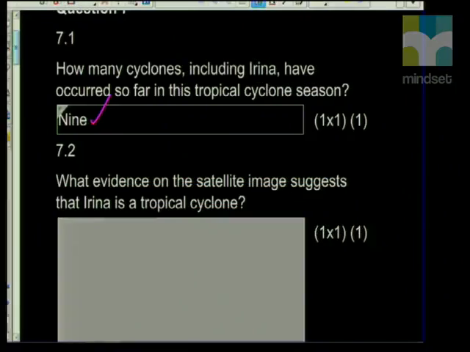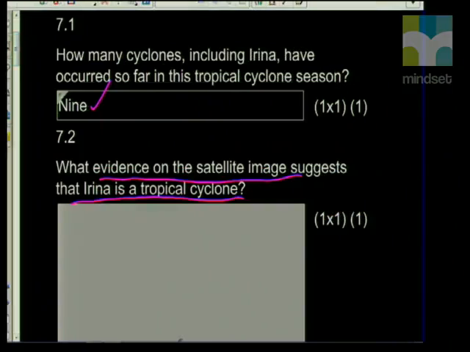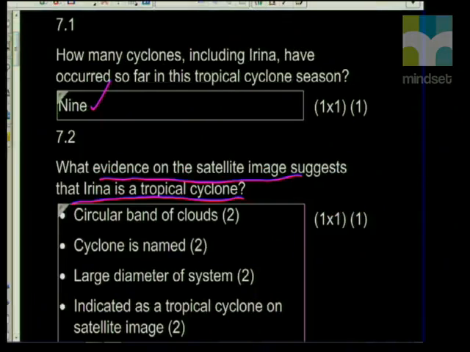Let's go to the next question. What evidence on the satellite images suggests that Irene is a tropical cyclone? We covered that already: the tight band of clouds, the eye that's formed in the center. The name is also telling us it's a tropical cyclone. They're circular bands, the name, the large diameter, indicated as tropical cyclone on the synoptic weather map.